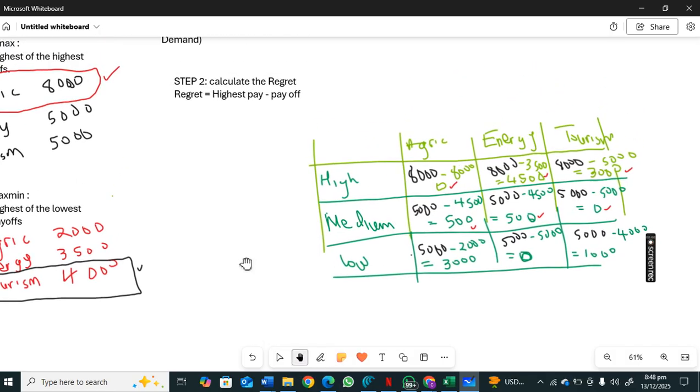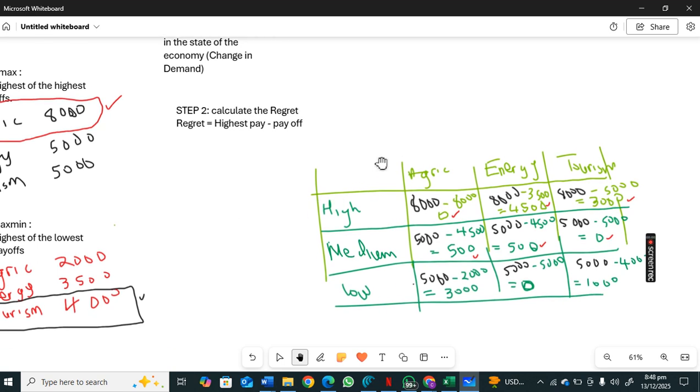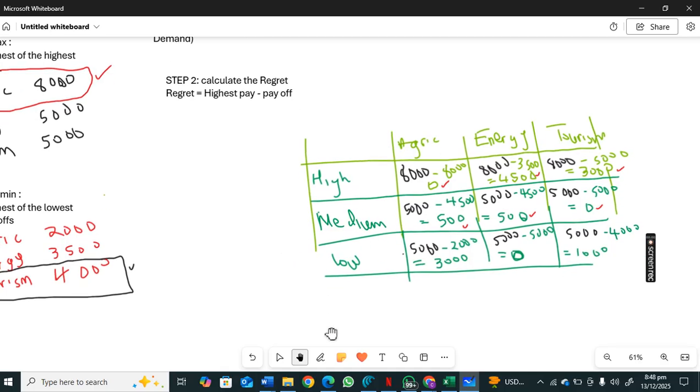So that is step 2, calculate the regrets for each of the sectors. Now since we've got the regrets, we're going to go to step 3: get the maximum regret in each sector.